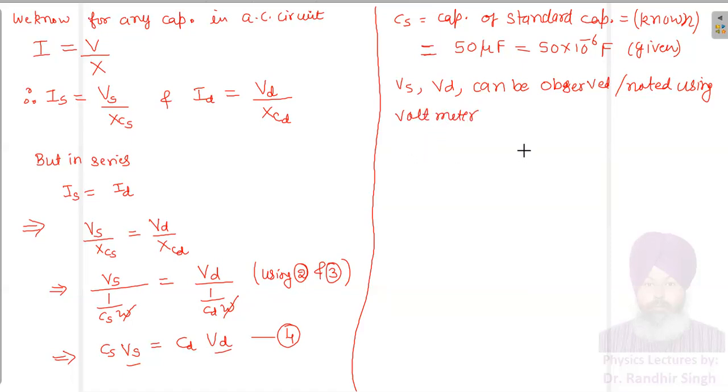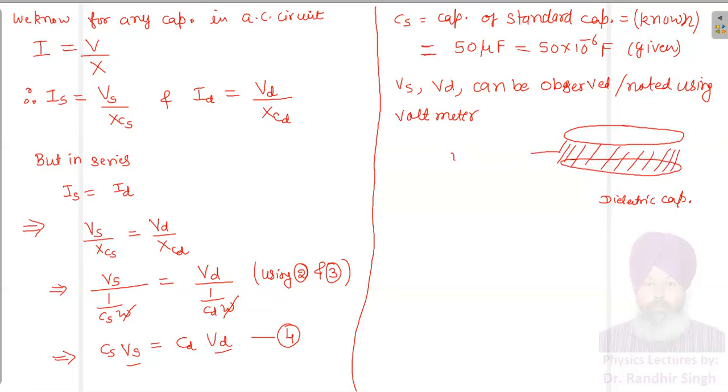Next is CD. Now I will show you when I do this experiment physically in the laboratory that this dielectric capacitor has circular plates, and I have inserted a wooden disc. This is the wooden disc.